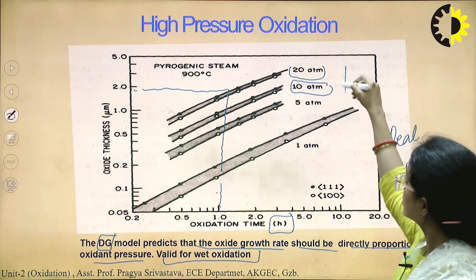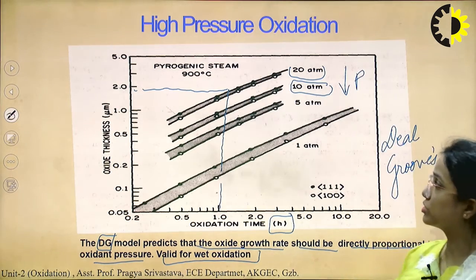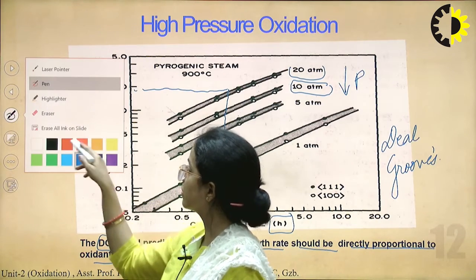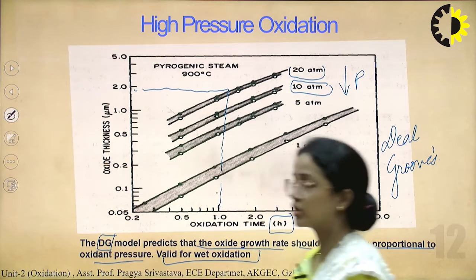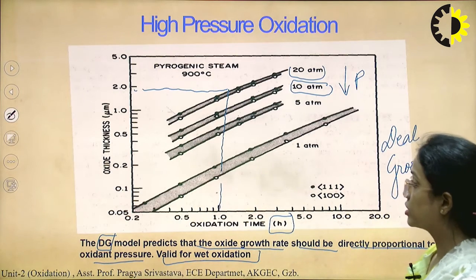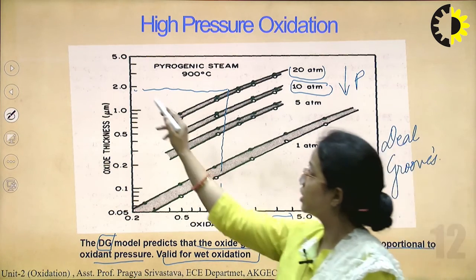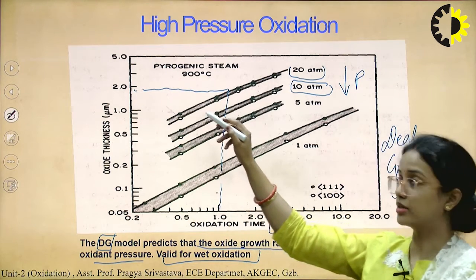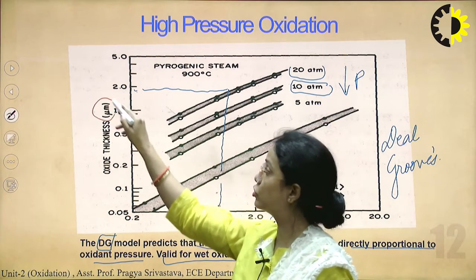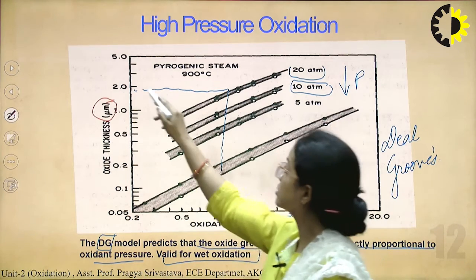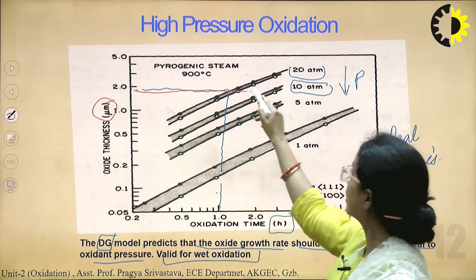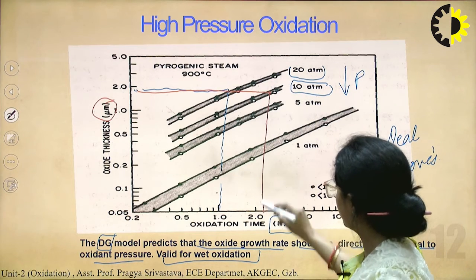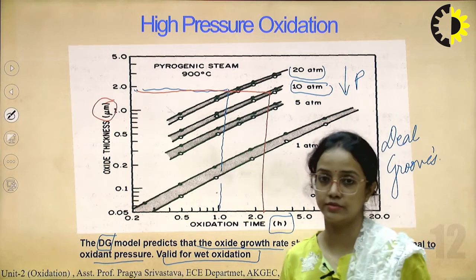The pressure has been reduced to 10 atm. Here we see, for the same thickness, still 2 micrometer thickness, at 10 atm I require a time which is more than 2 hours.